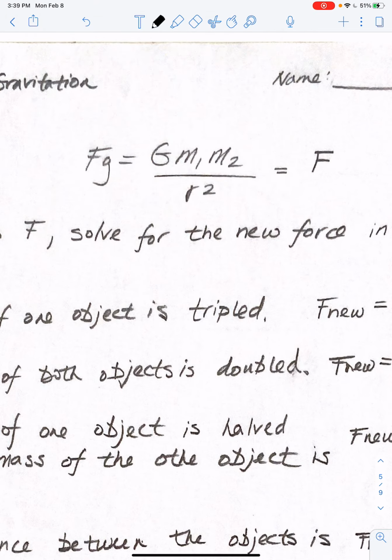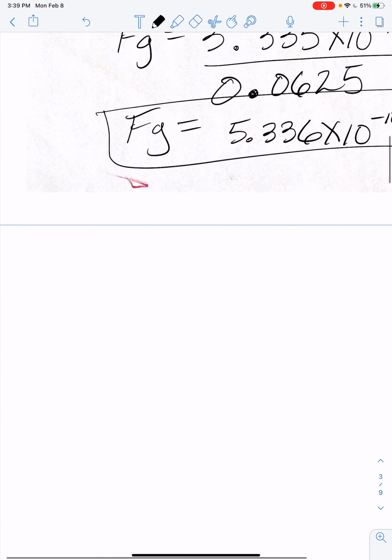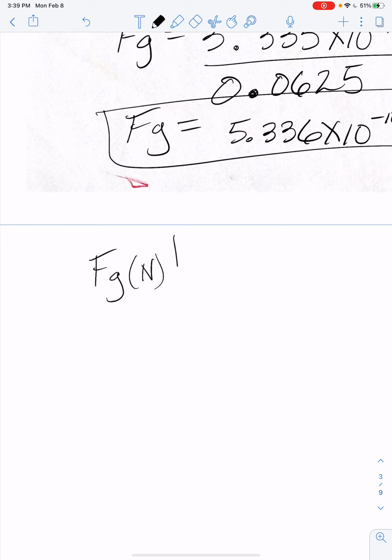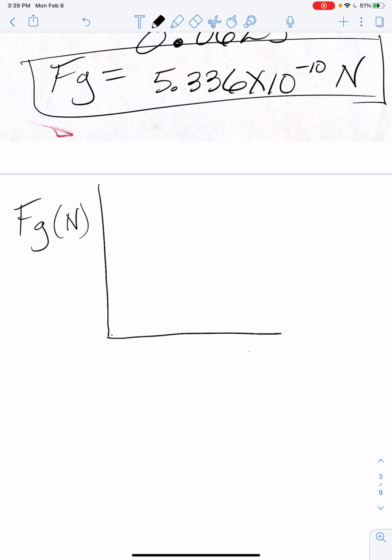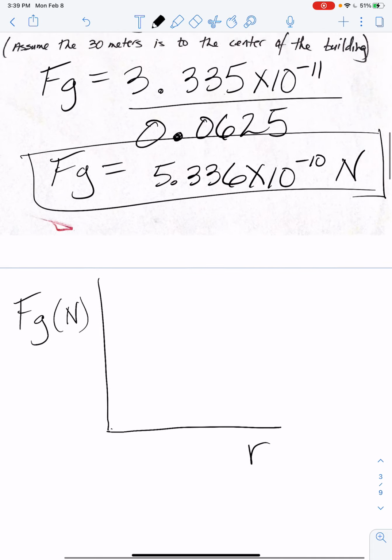Let me say one more thing before I move on to this, because I forgot to say it. I thought it'd be neat to include that if you were to graph the force of gravity in newtons versus r, you would get an inverse relationship, which is actually inverse squared.